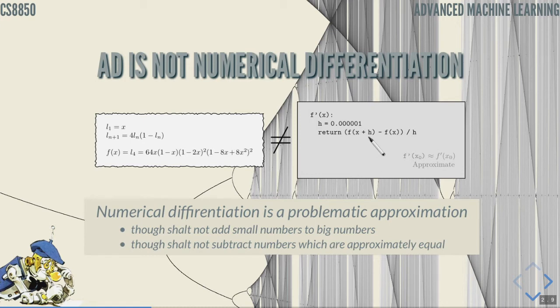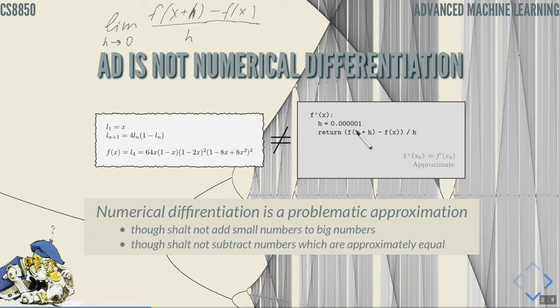Basically, we'll define some h, and by using the definition of the derivative as a limit as h goes to 0, it's the ratio of the increment in the function to the increment in the value.